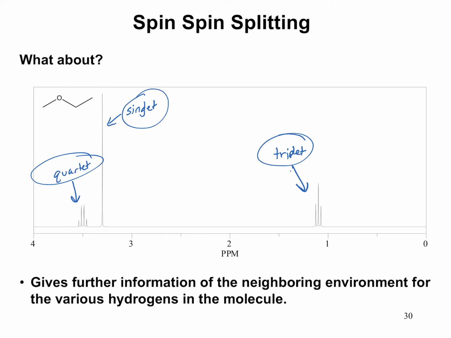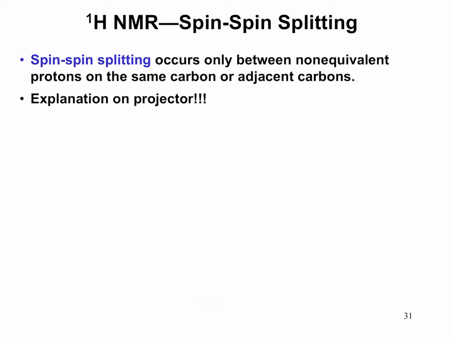So what we're going to spend this portion of the video discussing is how do you determine what they're going to look like? How they look is going to be dependent on their neighbors. So their immediate neighbors, the atoms that are right next to them, are going to determine what each signal looks like. So for example, let's try this here. Let's just say hypothetical situation here.